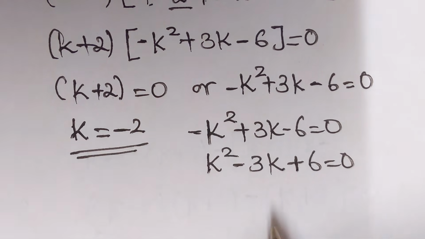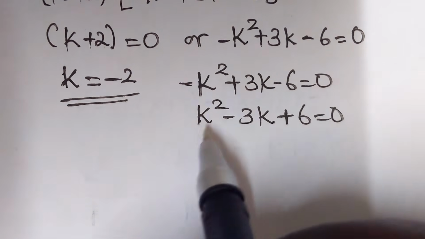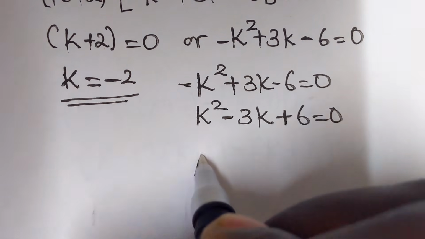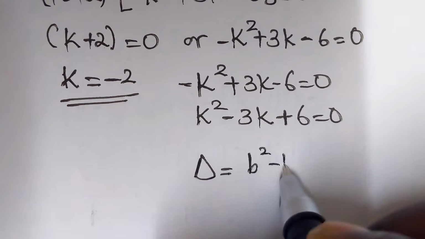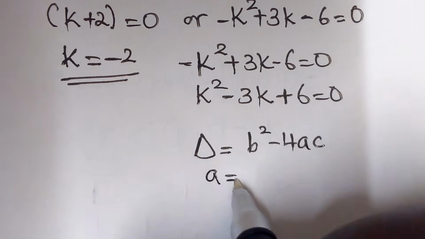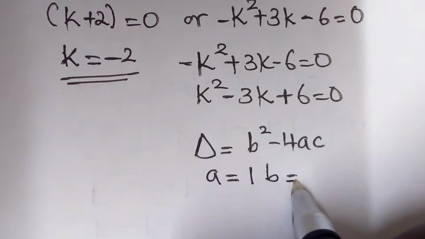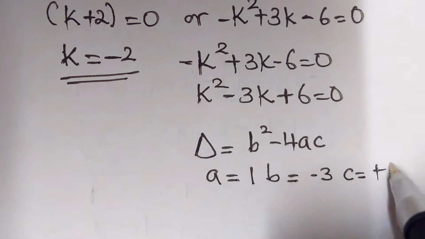And of course this is a quadratic equation, so we are supposed to find the discriminant, delta, which is equal to b squared minus 4ac, where a equals 1, b equals negative 3, and c equals positive 6.